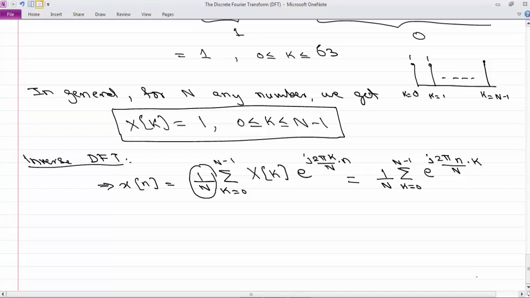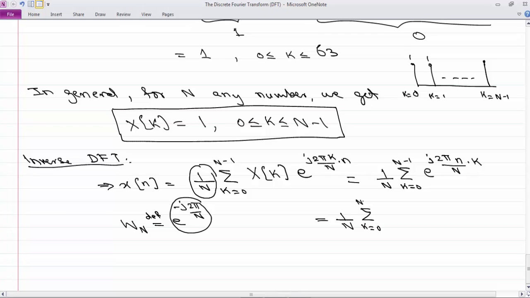So this sum is a geometric sum, and if it doesn't strike you, it might be best to write it in the shorthand notation. Remember that W_N was defined as e to the minus j 2 pi over N. So this sum I can write as 1 over N. So this is of course a perfectly valid complex number, right?